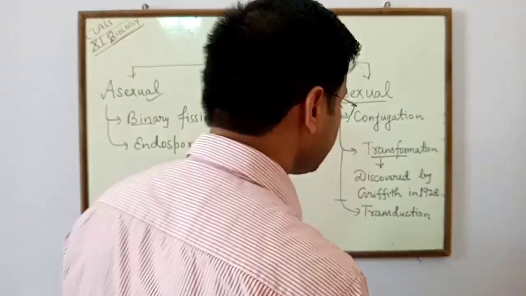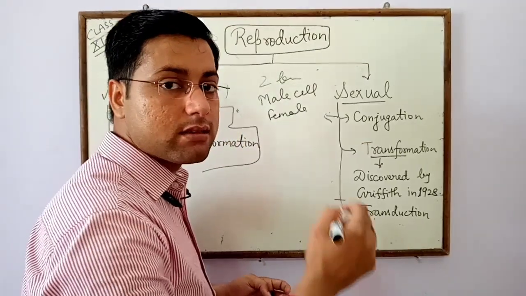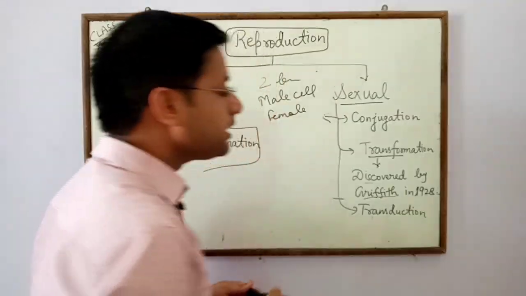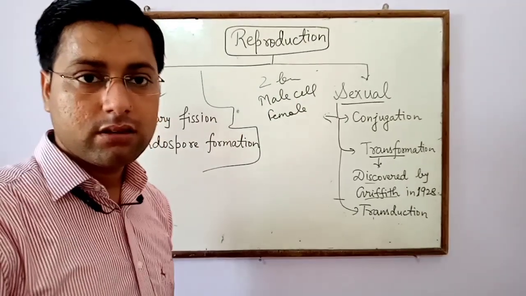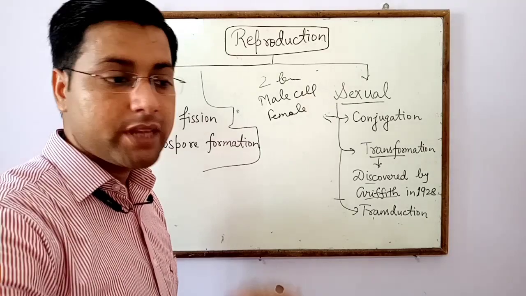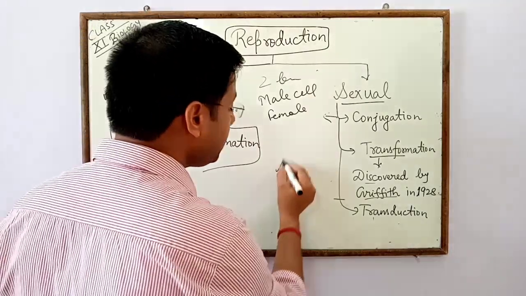Transformation is a sexual process in bacterial cells discovered by Griffith in 1928. In transformation, a segment of DNA from one cell is transferred to another cell through a liquid medium.